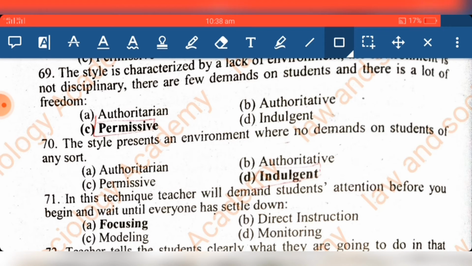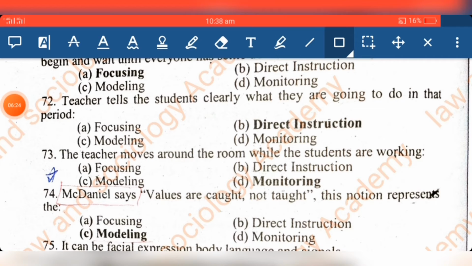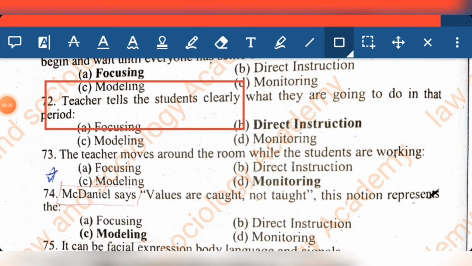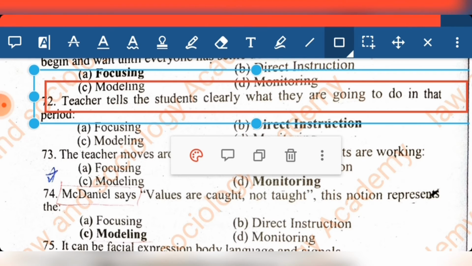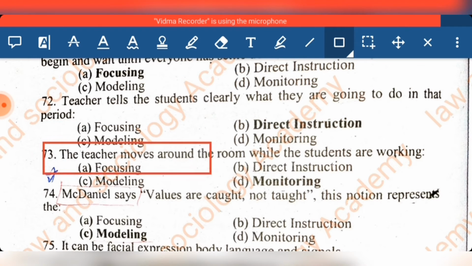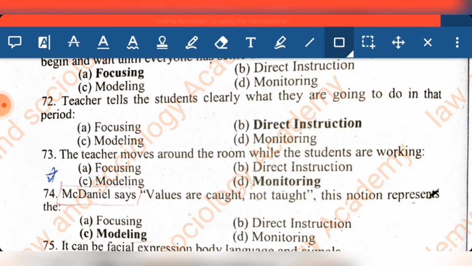Focusing. And the teacher tells the students clearly what they are going to do in that period. Direct instructions. And the teacher moves around the room while the students are working, is called monitoring.